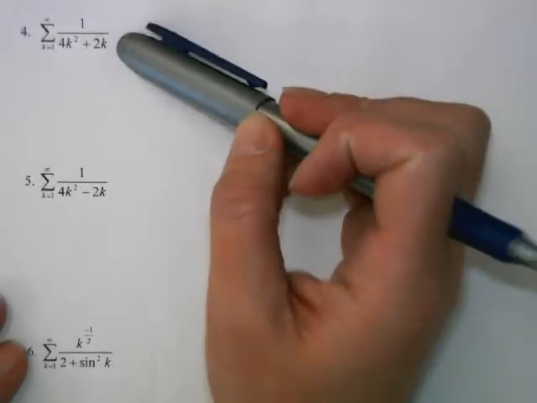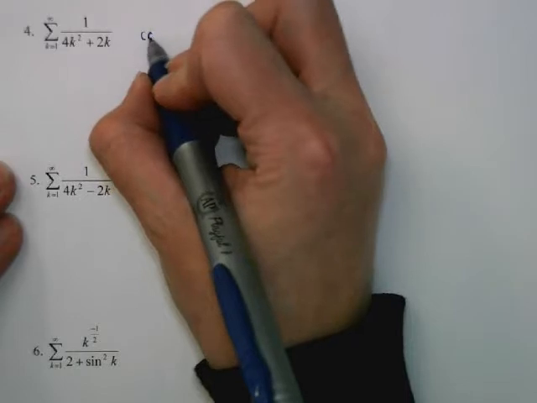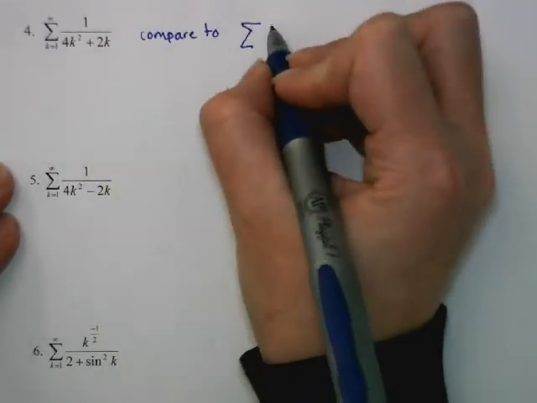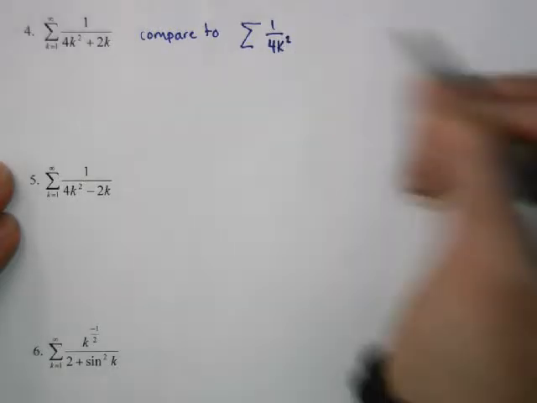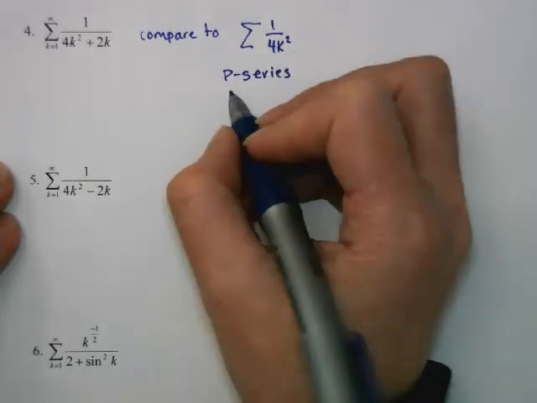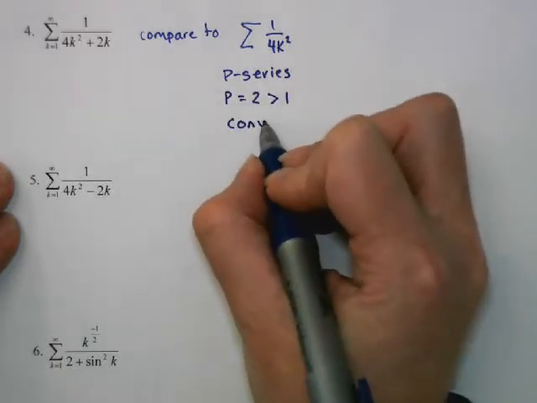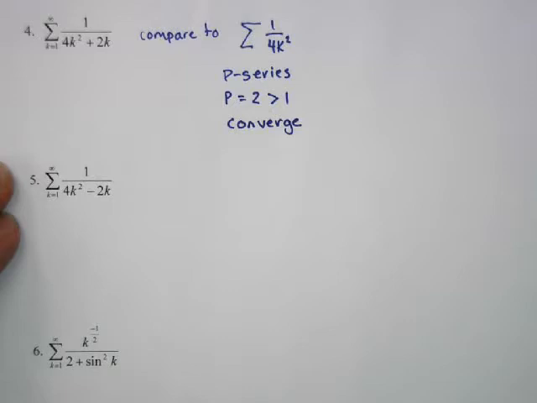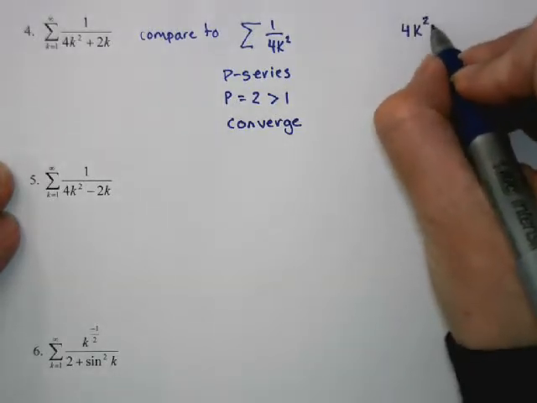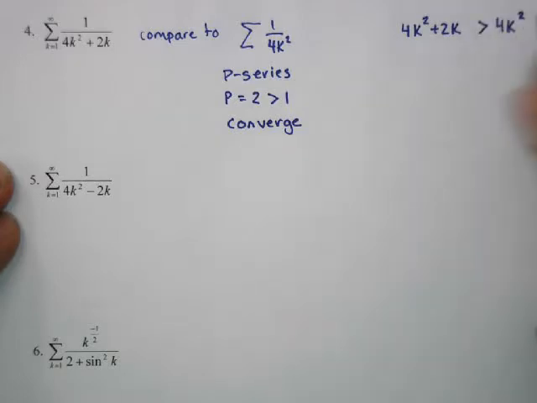Okay, this is going to be similar. I've got two series that look very, very close. I'm going to compare this one to 1/4k squared, which is a p-series with p equals 2, which is greater than 1, which makes this series converge. When I build the comparison, 4k squared plus 2k will be bigger than 4k squared.